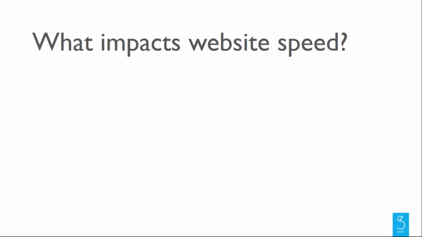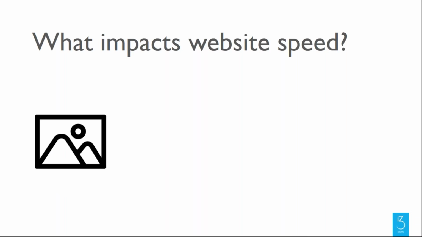Right, so what impacts website speed? Well, first of all, images. That's one of the most common things we see in our website speed audits, isn't it, Keith? Yeah, it is. And as somebody who, on a day-to-day basis, updates our own website here at i3, it's something that's been ingrained within me from day one, from our internal developers, to optimize every image that you put on, make sure it's optimized as much as possible.